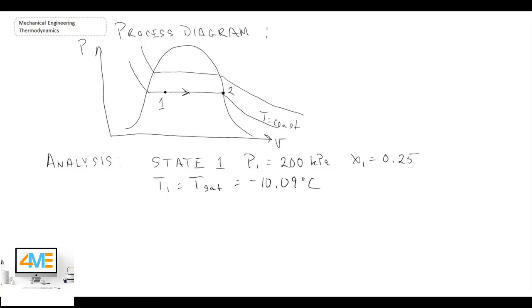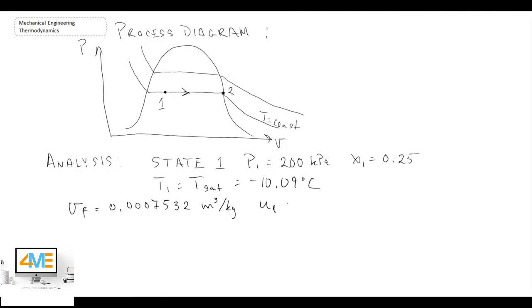And while we're in the table, we might as well extract information in terms of the properties of both the saturated liquid and saturated vapor lines. So let's go about and do that now. Now, I'm not sure if we are going to need all of these, but given that we're in the table, I like to write these down.